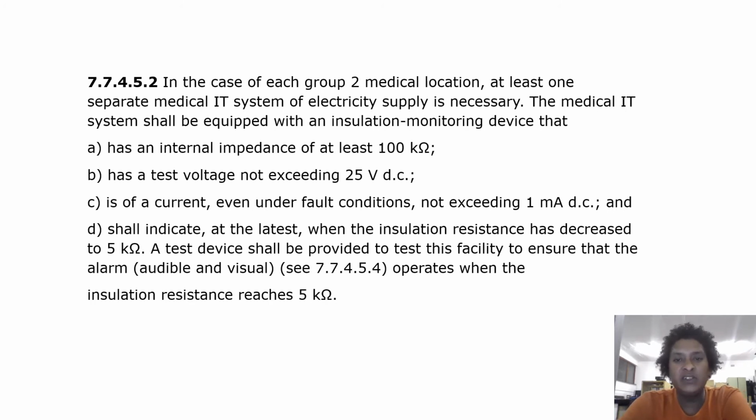In the case of each Group 2 medical location, at least one separate medical IT system of electricity supply is necessary. The medical IT system shall be equipped with an insulation monitoring device that has an internal impedance of at least 100 kiloohms, has a test voltage not exceeding 25 volts DC, is of a current, even under fault conditions, not exceeding 1 milliamp DC, and shall indicate at the latest when the insulation resistance has decreased to 5 kiloohms.